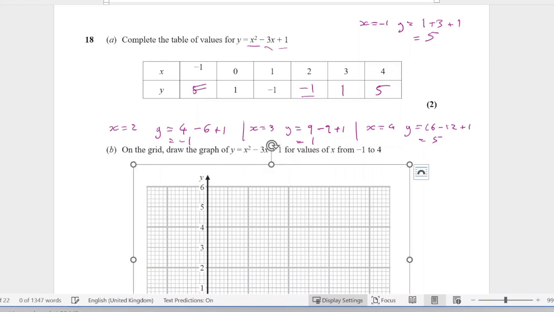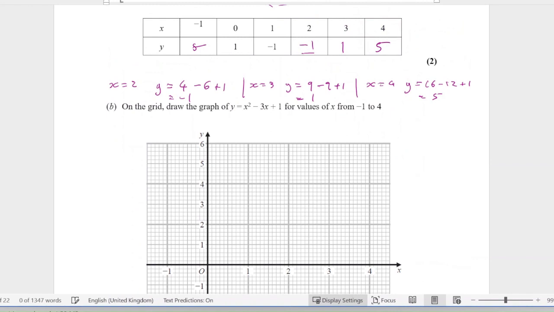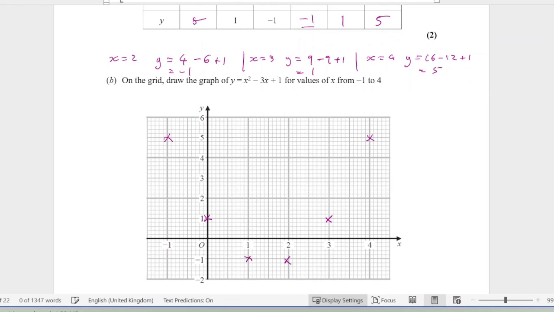On the grid, draw the graph from the values. So minus 1 and 5. I kind of like doing these just for ease in opposites. Then we've got 0 and 1 and 3 and 1. And then we've got minus 1 and minus 1. So that's going to be my crosses. I then need to draw them up with as smooth a curve as I can.